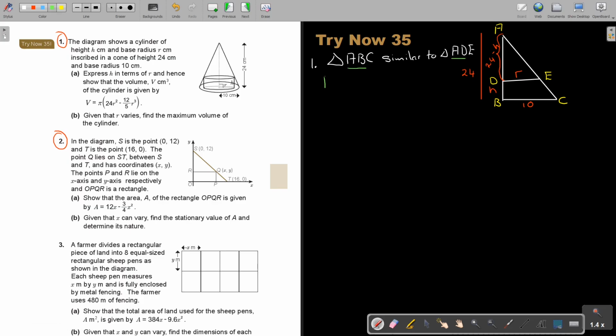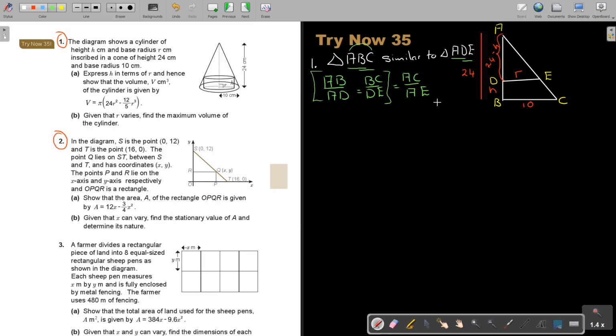I'm going to write all 6 down just for explanation's sake. Then it's the last two over the last two. Then it's the first and last over the first and last. But now, I don't have any information on AE and AC. So for this example, I'm just going to work with the first two.